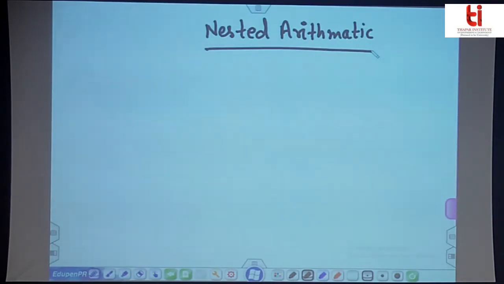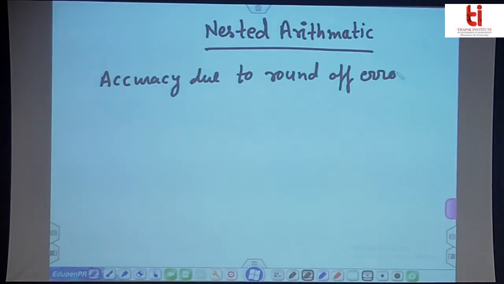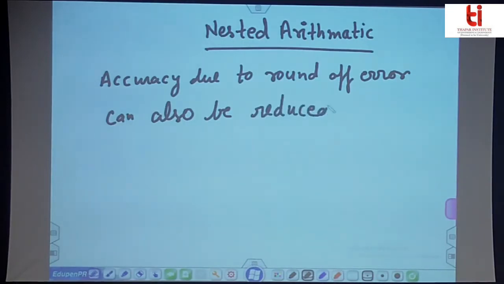Hello, in this lecture we will discuss nested arithmetic. Accuracy due to round-off error can also be reduced by rearranging calculations.